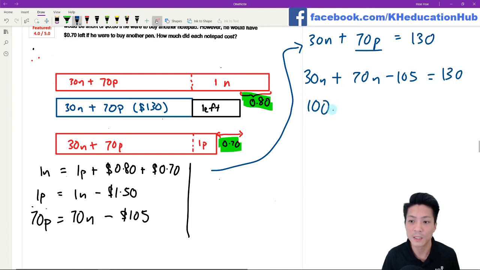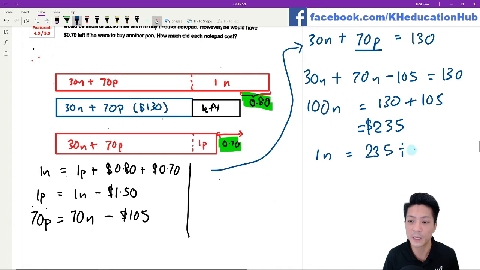Okay, which means that 100 notebook is equal to 130 plus 105, which is equal to $235. Okay, one notepad will be equal to 235 divided by 100, which is $2.35.